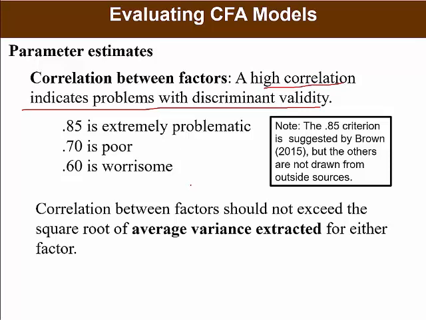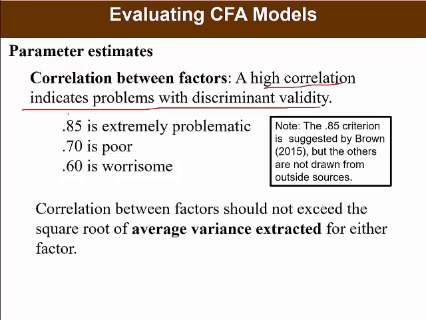Note that when we're looking at correlations between factors, those correlations are actually going to be a little bit larger than the correlations we would get if I just took scores on 2 scales and looked at the regular Pearson bivariate correlation between 2 scales. Because when we do a confirmatory factor analysis, those factors are extracted out of the items, and a factor is an estimate of a score without measurement error.